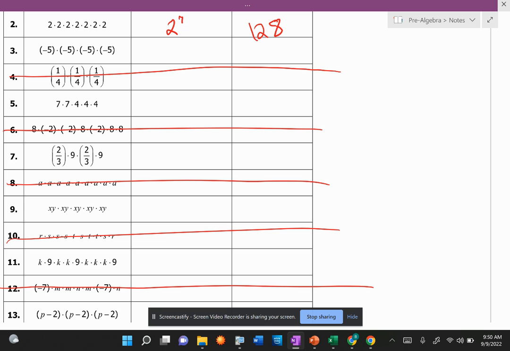So if I'm you, go back to it. Because they're going to be multiplied together. 5 times negative 5 times negative 5 times negative 5 times negative 5.